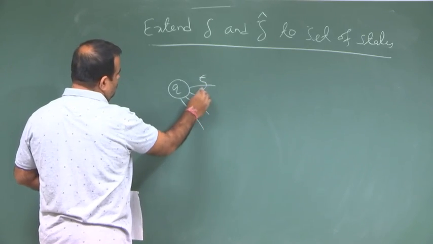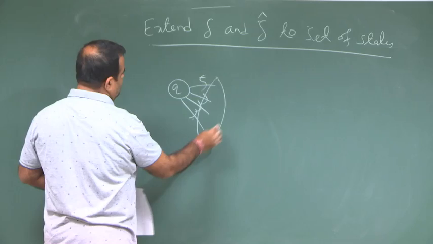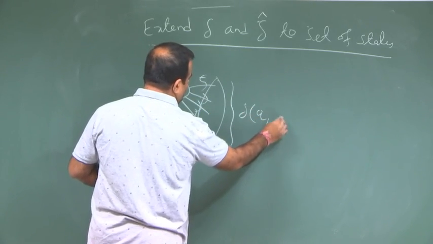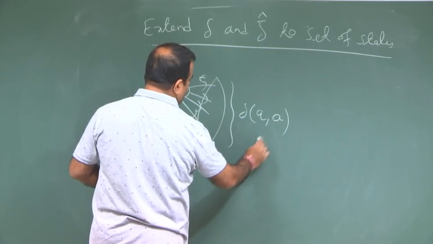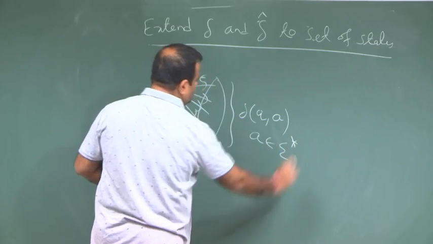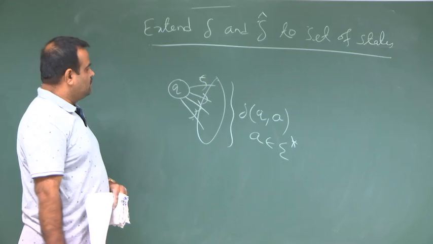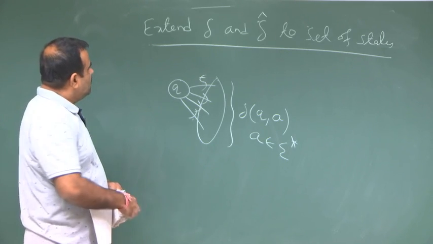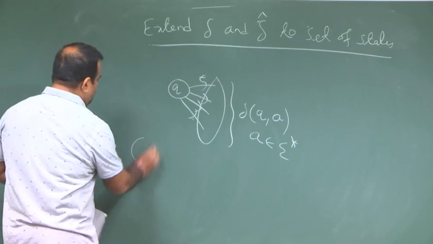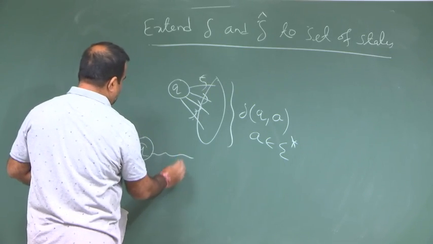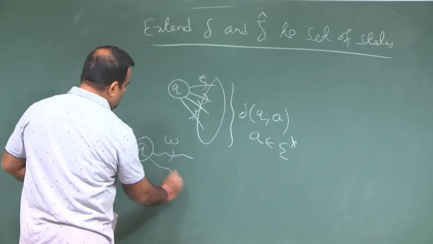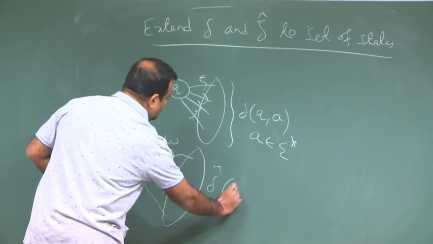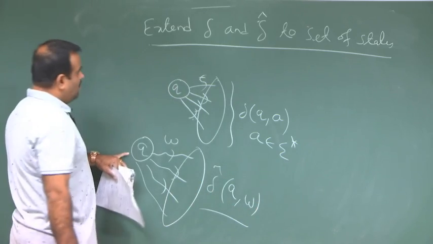It could be an epsilon move also, and this is the set delta of Q comma A, where A belongs to the alphabet, or it could be epsilon also. And the delta hat we have also defined: we take a Q and a W, including the epsilon moves, we reach this set, which is delta hat of Q comma W. So, these are defined on a state.